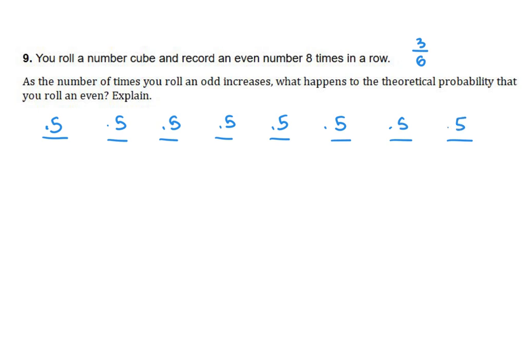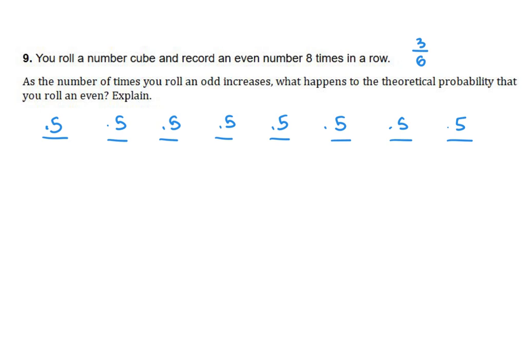So if we were figuring out the theoretical probability, 0.5 times 0.5, eight times, you are going to get a tiny, tiny number, like 0.0039. Not even a 1% chance that you roll an even number 8 times in a row.